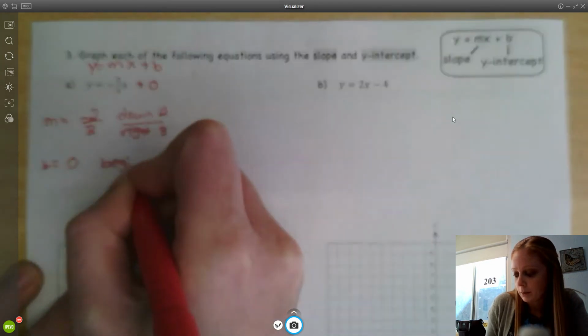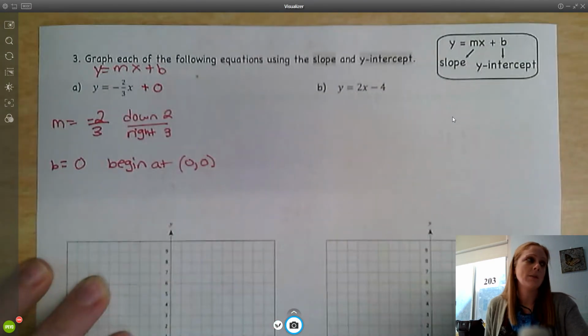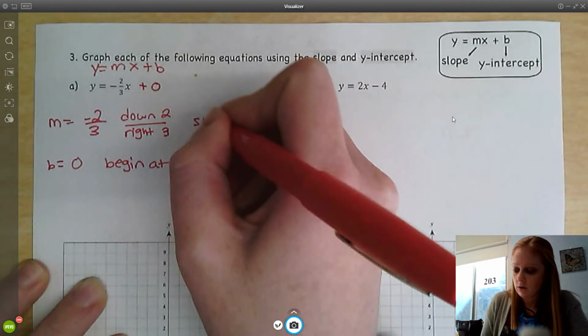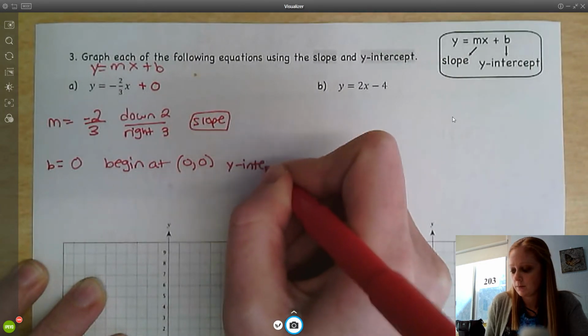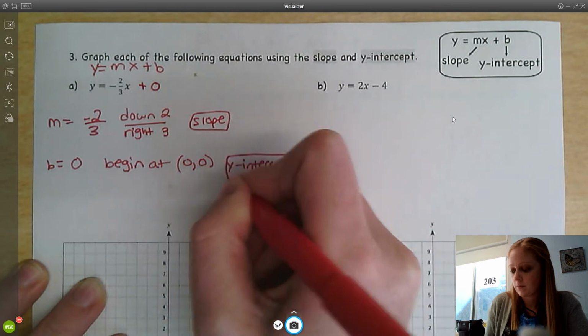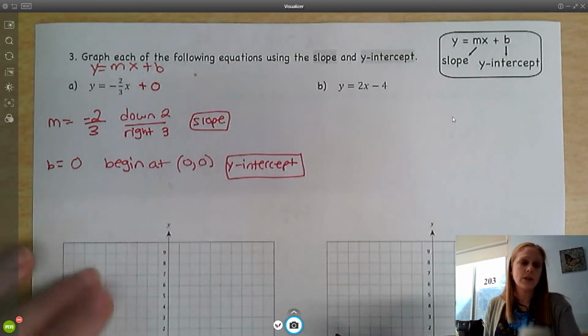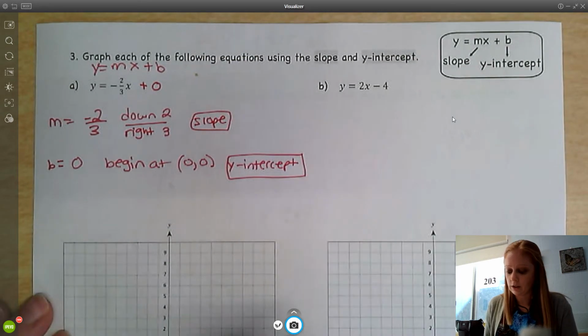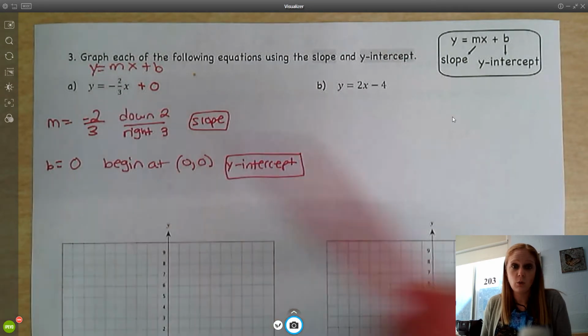B tells us where to begin. We're going to begin at the origin. The y-intercept is 0, 0. Right, so this was our slope. This is our y-intercept. 0, 0. Okay, so now we can graph. We're going to begin at 0, 0, because this is just y equals mx. There's no b that you can see.